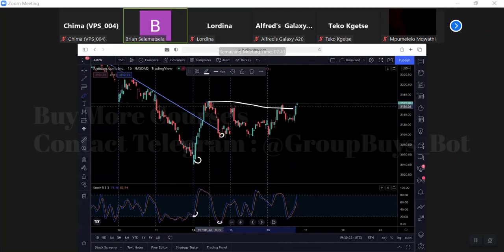Because we normally know that when we use divergence to enter this trade, the trade normally goes beyond this, and after that we start adding more re-entries. So this place, you definitely guaranteed it.